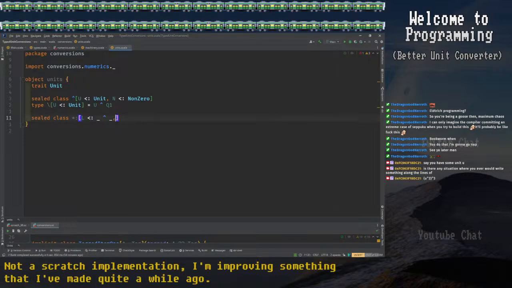Oh, does this work? Well, I'll see if this works later. So, an example unit for acceleration would be something like meters over second squared.